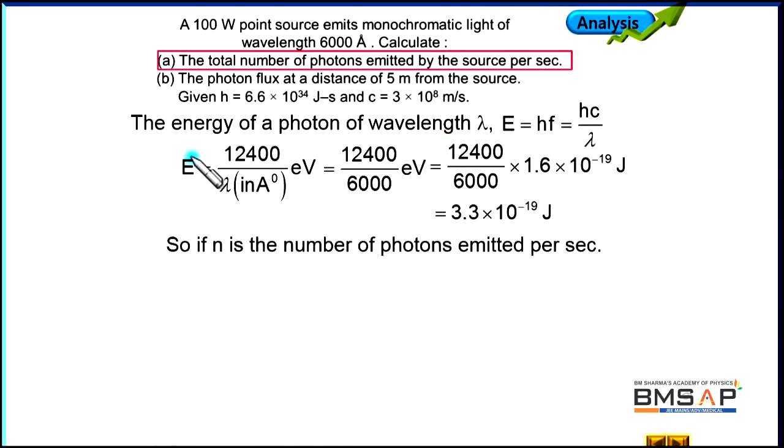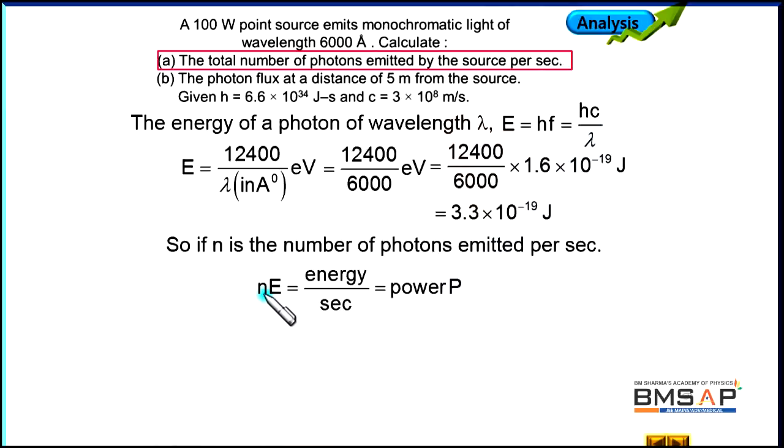If we multiply this E with n, we can calculate the value of the total energy incident per second, or you can say total energy emitted by source per second. So En equal to energy divided by time, and this is nothing but power. Now we can rearrange this relation.